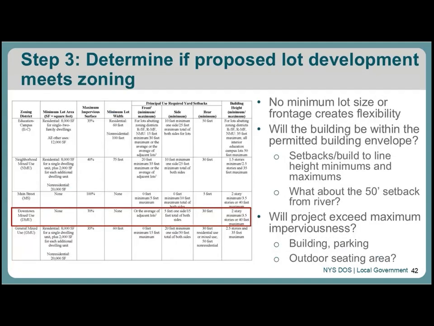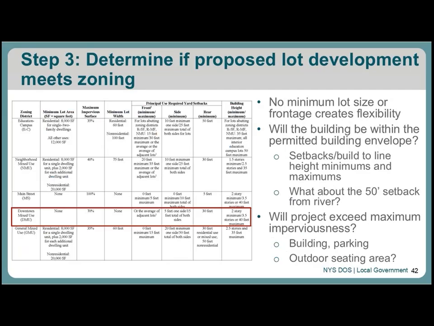So then the next step would be to look at what the dimensional requirements are. So in this particular case, they have a table, and when you go to the downtown mixed use zone, you see that there is no minimum lot size or minimum lot width in this zone.